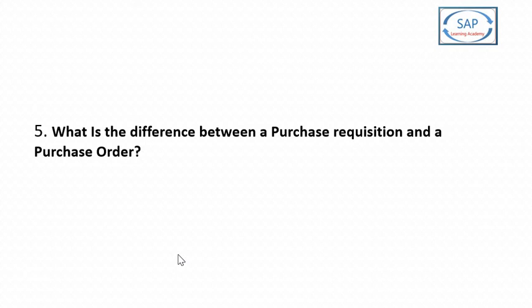Using this purchase requisition, it provides a list of what should be bought. On the other side, a purchase order is a legal document stating how many articles you need to buy, what the price and quantity should be, and that will be sent to the vendor. So that's the basic difference between these two terms.